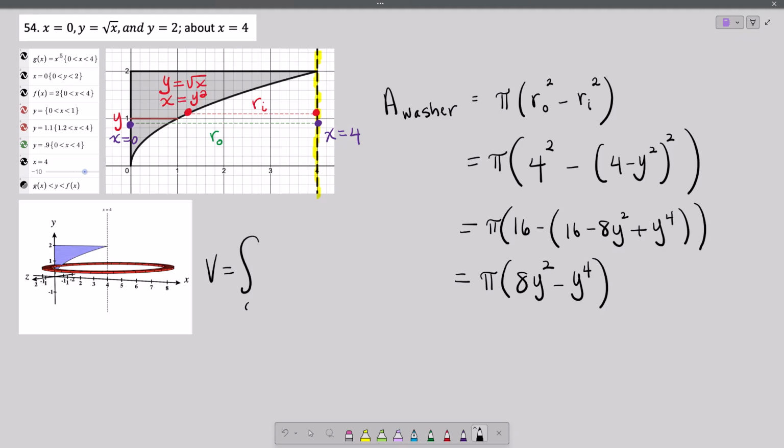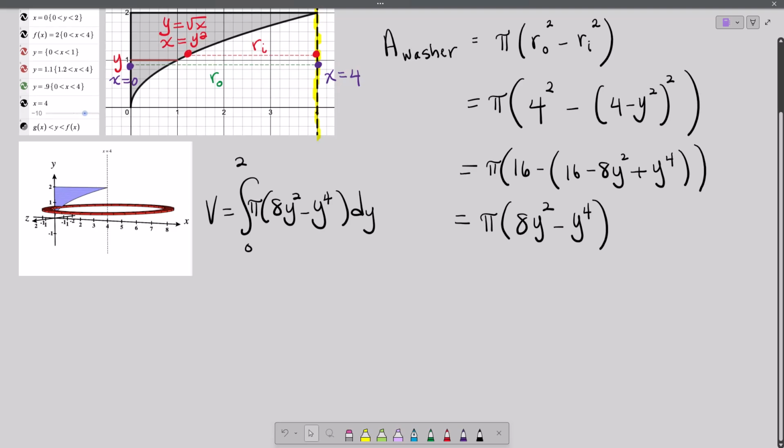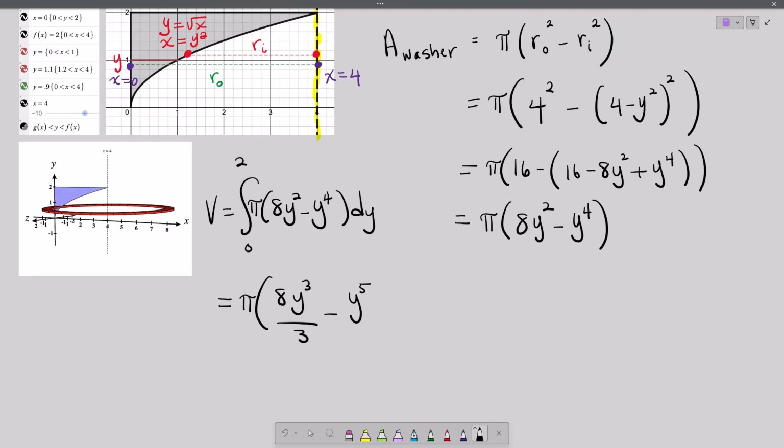And then for the volume, we're going to integrate 0 to 2. Integrate area to get volume. Pi can come to the front. 8y cubed over 3 minus y to the 5th over 5, 0 to 2.